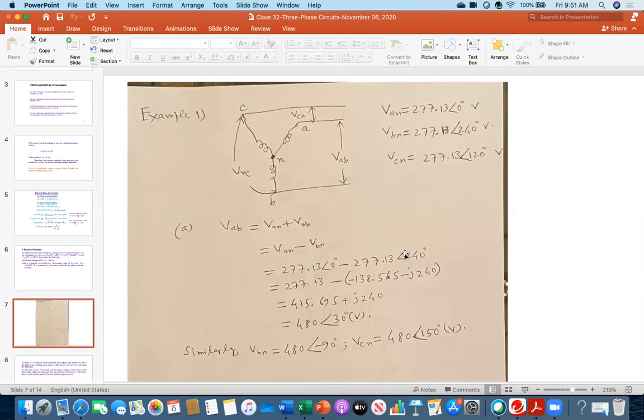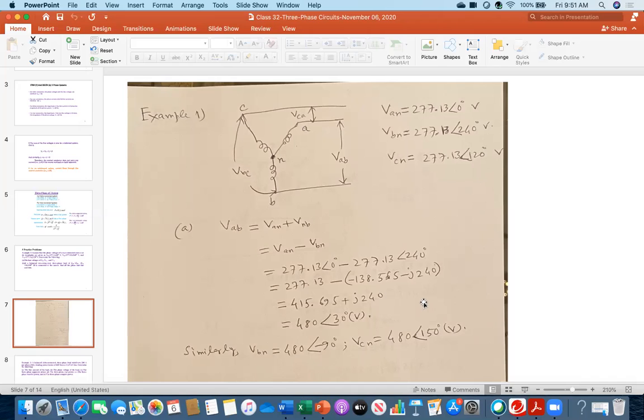This one. And then if you have a calculator right now, and you apply this minus, what do you get? Everybody use your calculator right now. You should be getting approximately 480, and the angle should be 30 degree. Can you check this in your calculator? Right now you do that.